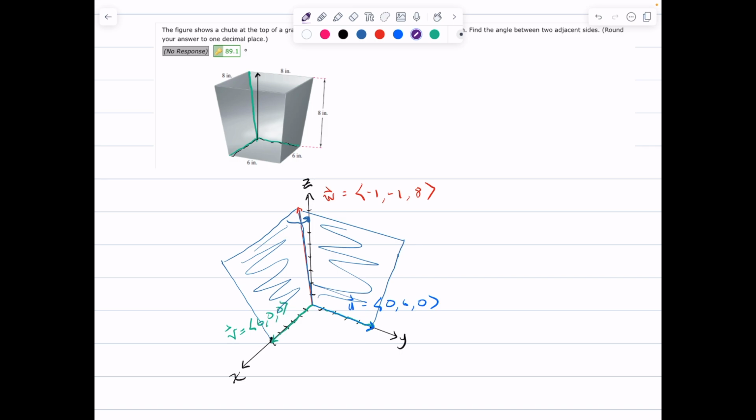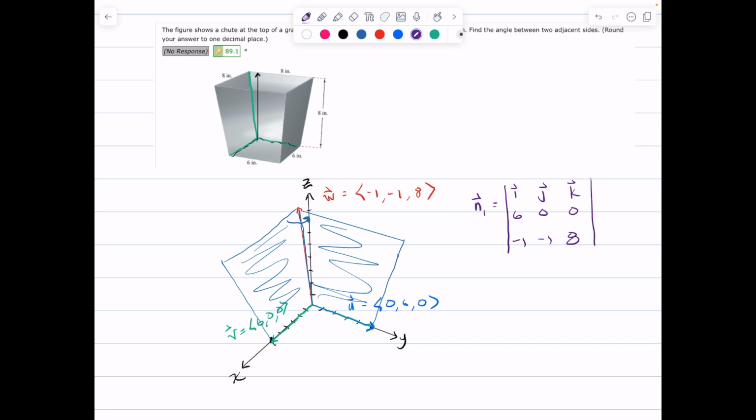We'll use these points or vectors, and let's call N1 equal to the determinant with i, j, k, and then 6, 0, 0 and -1, -1, 8.